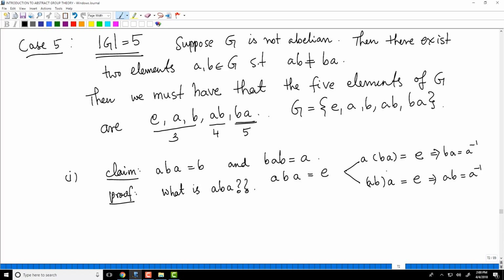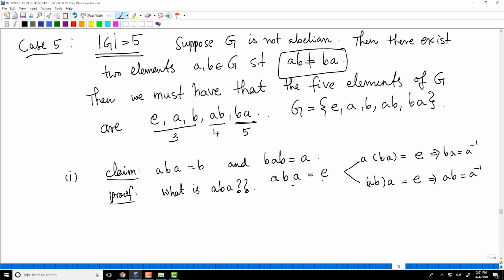This equation suggests that BA is A inverse, this equation suggests that AB is A inverse. But remember, when we discussed properties of groups in an earlier video, we have shown that A inverse is unique. For any element in a group, the inverse is unique, but A inverse is both BA and AB, but this means that AB is equal to BA, which is not the case, right. So, ABA can't be E.